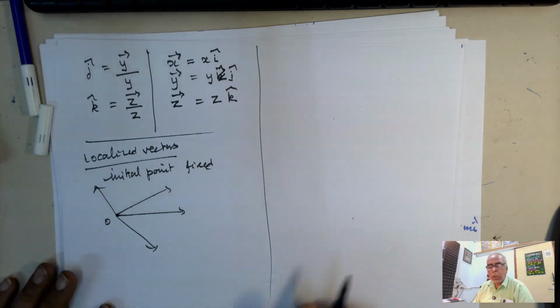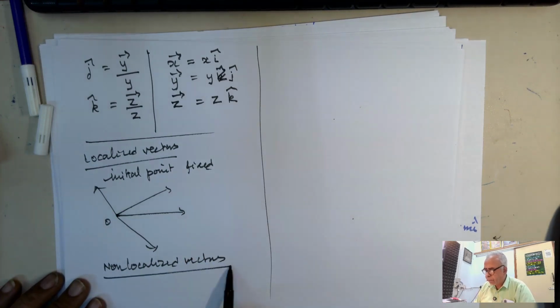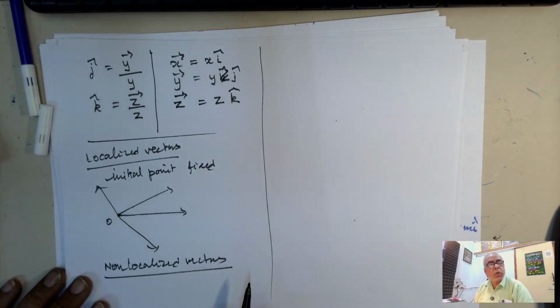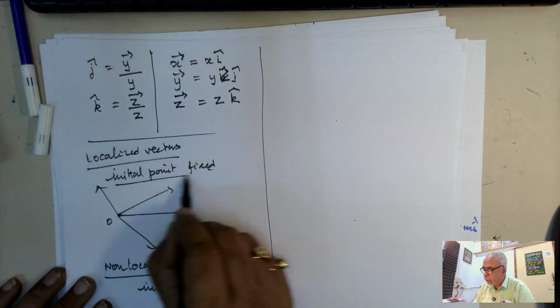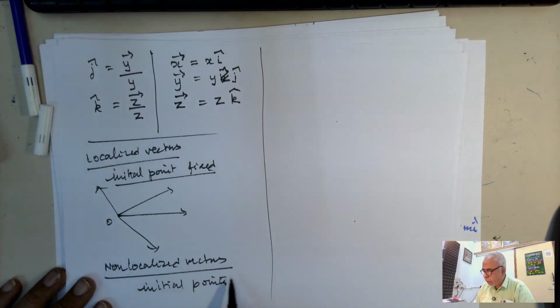Okay. Non-localized vectors. For these vectors, the initial point is not fixed. Here, the initial point is fixed, whereas in this case, the initial point is not fixed.